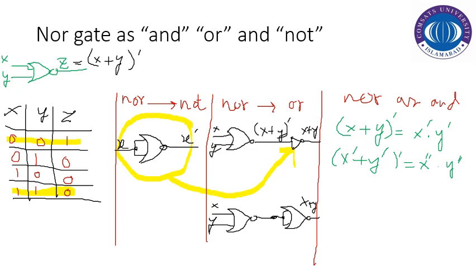So what we will do is use two NOR gates for the inversion of X and Y. This is X, this is Y. Here I will get X prime, Y prime, and we have to NOR these two outputs as inputs to the final NOR gate.